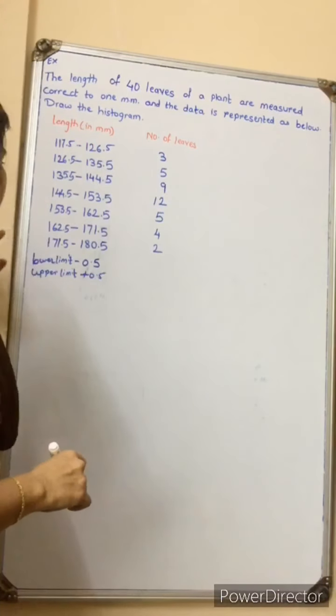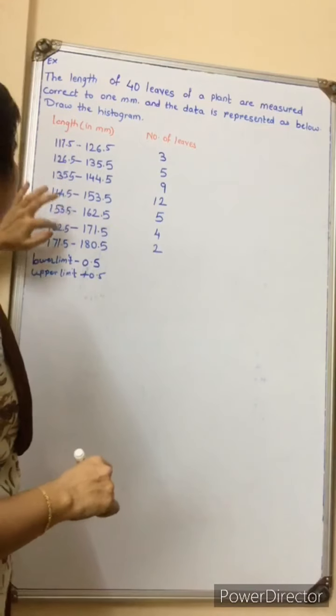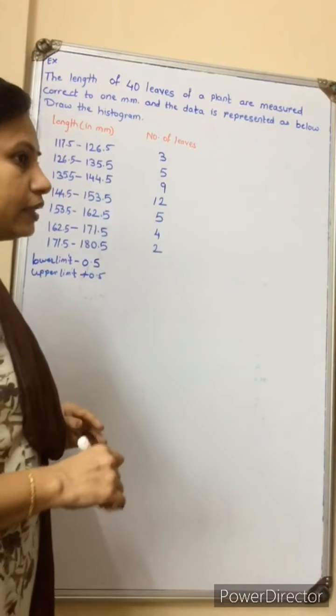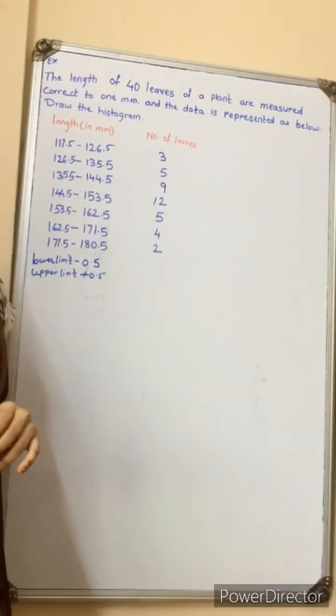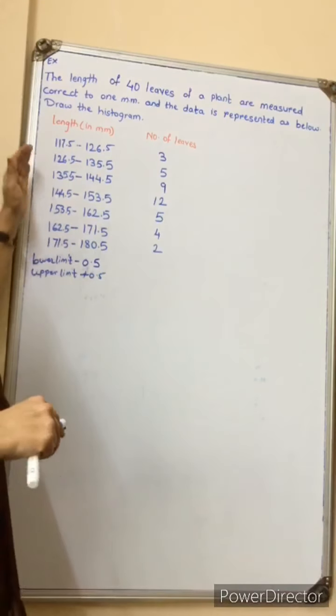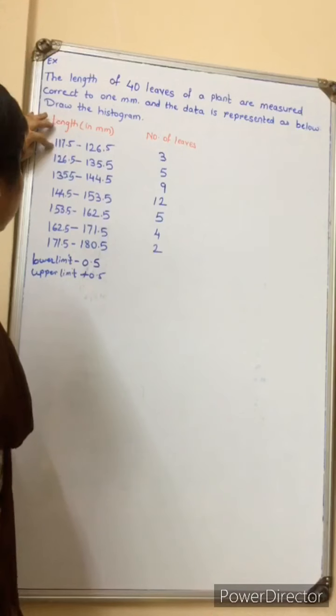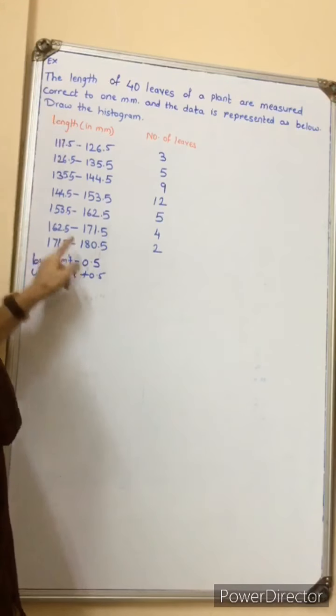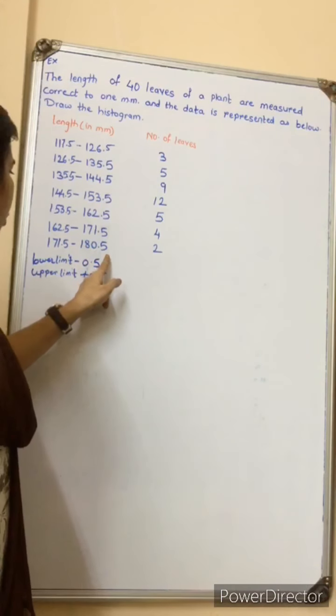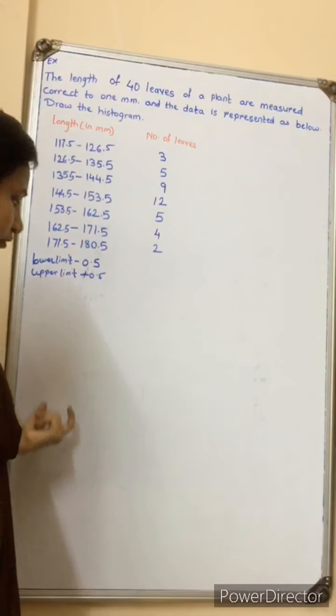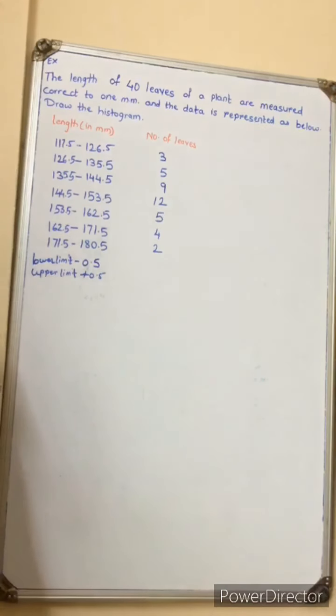You may write these in the next column, next to the original one, starting with the limits 117.5 to 126.5, up to 180.5.